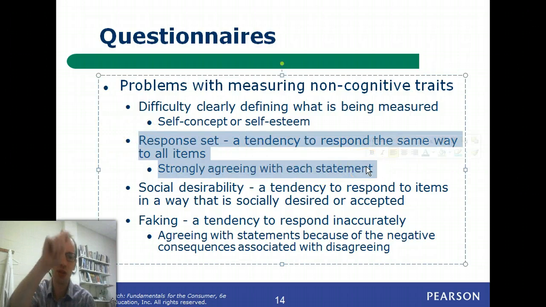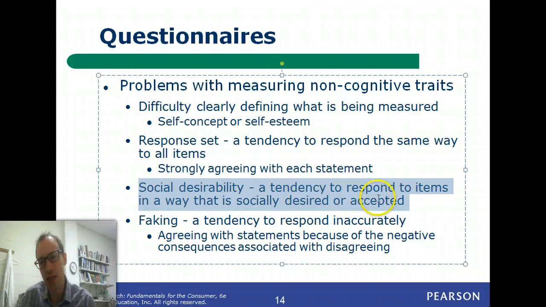You just go through strongly like, strongly like, strongly like, just give the same answer for everything. This one's an interesting one, even though, well, especially if it's not anonymous, but even if it's anonymous, you have this spirit that you want to be kind, and so you're giving things a little more positive than maybe your true feelings are, even though it's on a questionnaire.